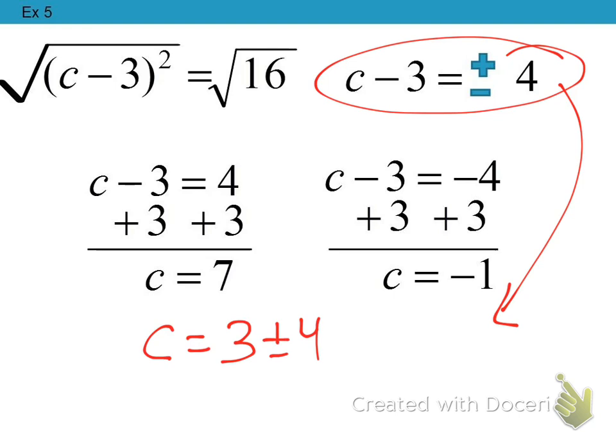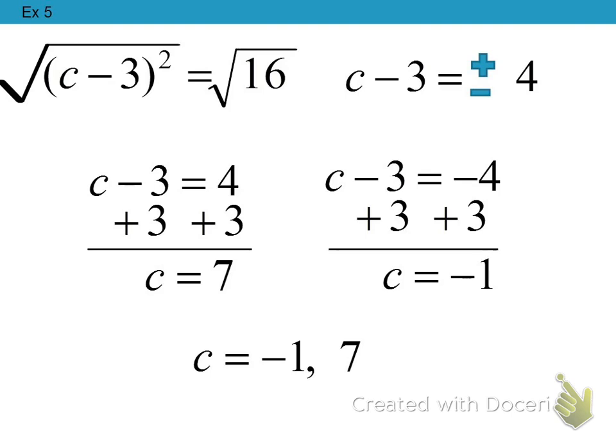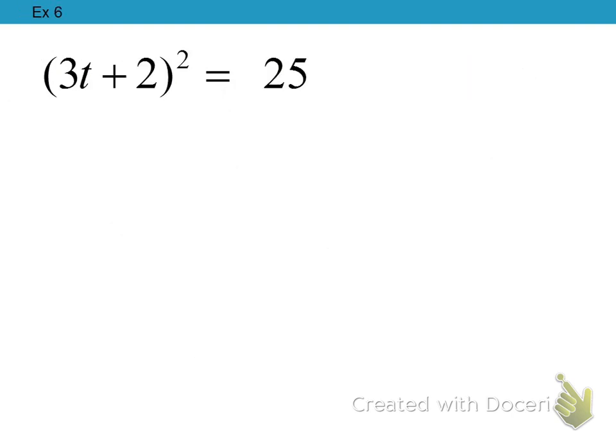And then they do 3 plus 4, that's 7. 3 minus 4, that's -1. Do you see what I'm saying? Kind of the fancy way to write it. Either way, you get these two answers, okay? Questions? That was difficult. Let's continue.